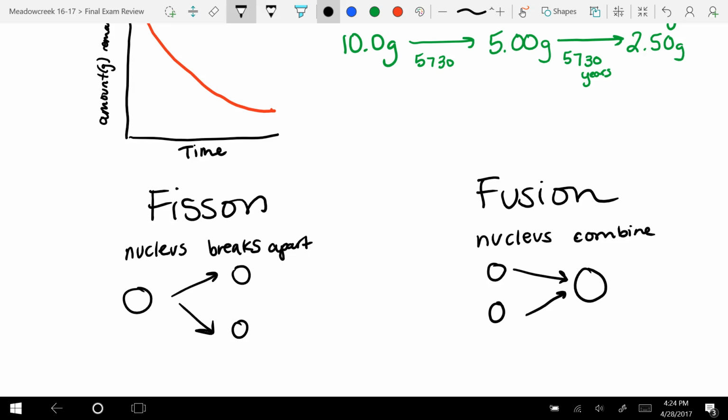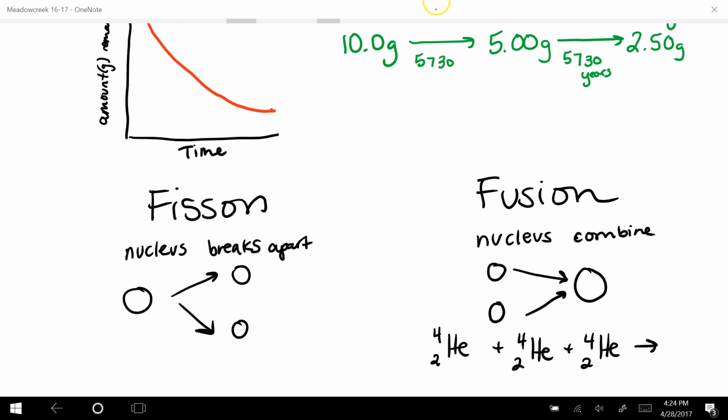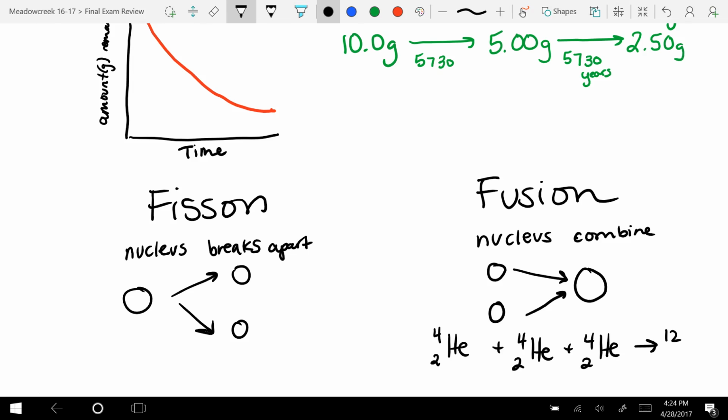And for example, if you had 3 heliums and you fused them together, like so, you would form 4 plus 4 plus 4 is 12, 2 plus 2 plus 2 is 6, and number 6 on the periodic table is carbon. Carbon 12, one of the most abundant elements on the earth. Okay, it's what a lot of things are made up of. Things are fused, they come together.